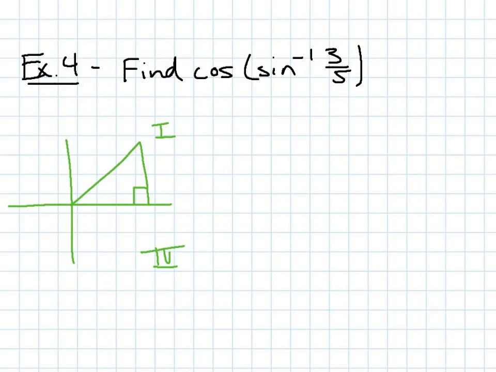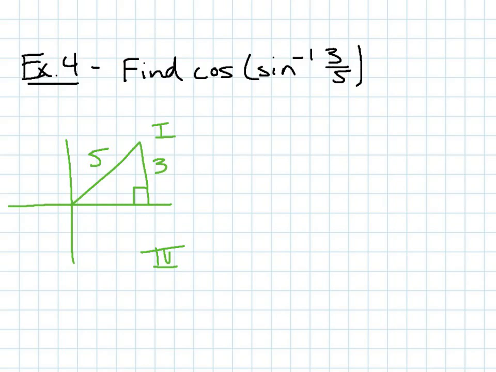If it was a -3/5, we would draw a triangle in the fourth quadrant. So opposite would be the 3, and hypotenuse would be the 5, because that's how those ratios work for sine. Just like if it was cosine, it would be adjacent over hypotenuse.